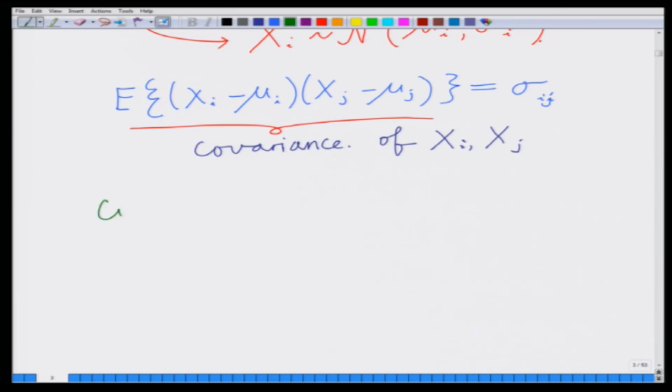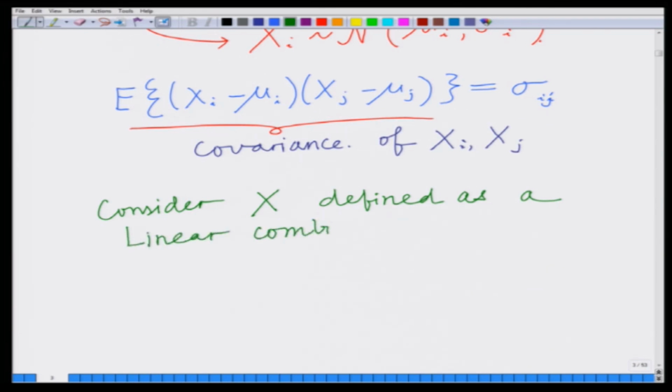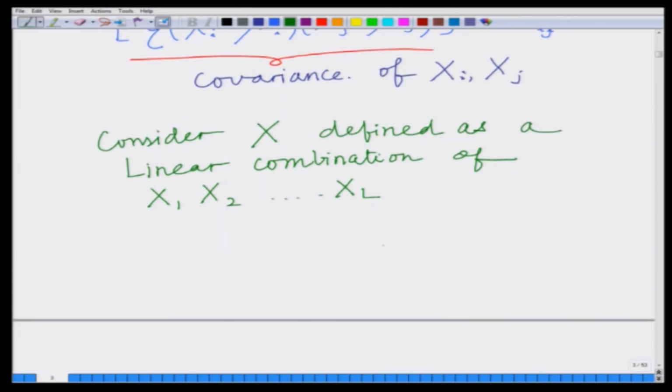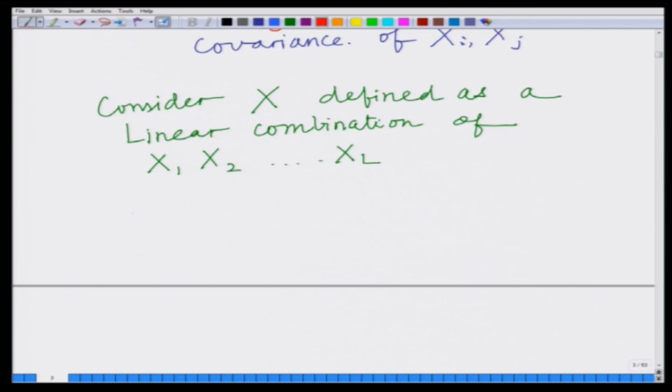Consider x defined as a linear combination of x1, x2 up to xl, that is, we have a linear combination of these Gaussian random variables, that is x equals a1 x1 plus a2 x2 plus so on up to al xl.